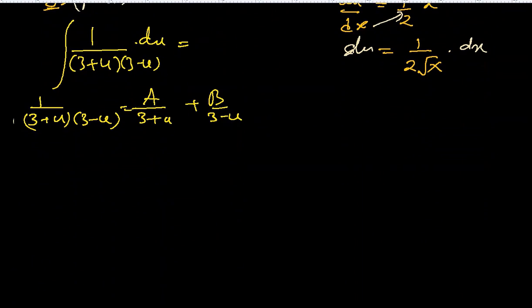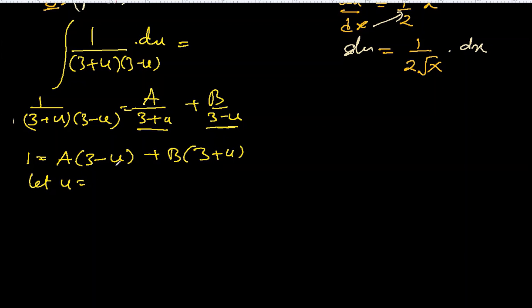Okay, if I compare the numerators now, because the denominators will be the same if I take the LCM by multiplying these two, 1 will be equal to a times the other denominator, 3 minus u, plus b times 3 plus u.